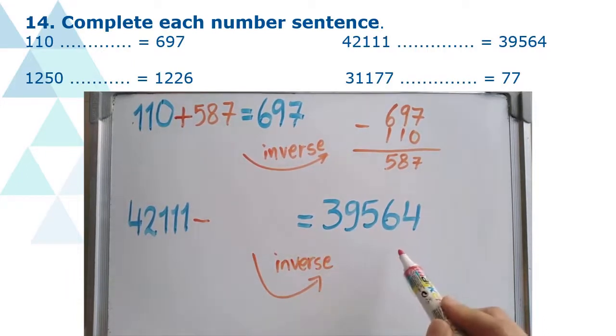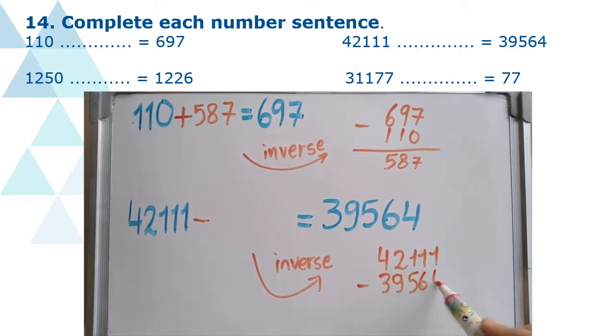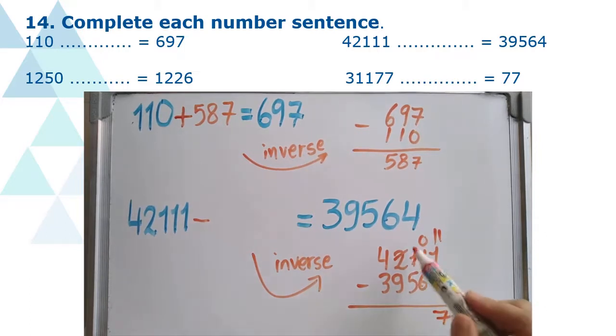Alright, 42,111 minus 39,564. One minus 4 is not possible. I will borrow from the neighbor. Eleven minus 4 is 7. 0 is not possible.